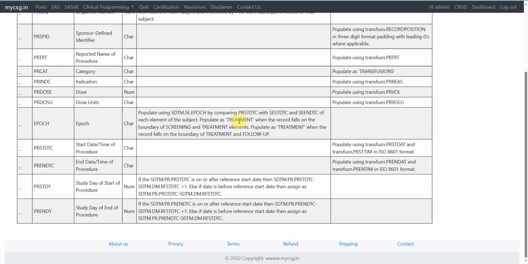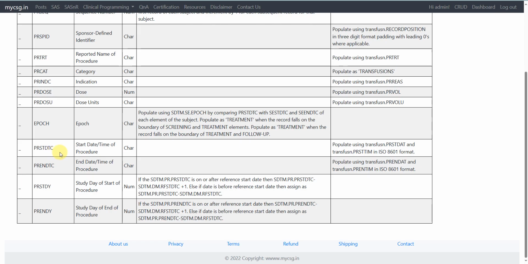Again, there could be a case wherein the record could be falling on the end date of treatment, which could be our start date of our follow-up. So if that is the case, again we are being asked to give preference to treatment epoch. So we will be seeing the derivation for it in the programming on how this can be handled.